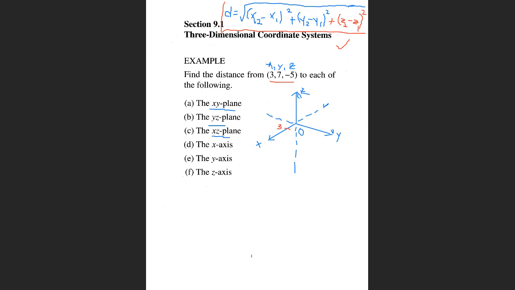And then the 7, along the y-axis, do I go 7 units to the right or 7 units to the left, since I have a positive 7? That's right, very good. You move to the right 7 units. So I could put a 7 here, and just move over 7 units, maybe stop there.